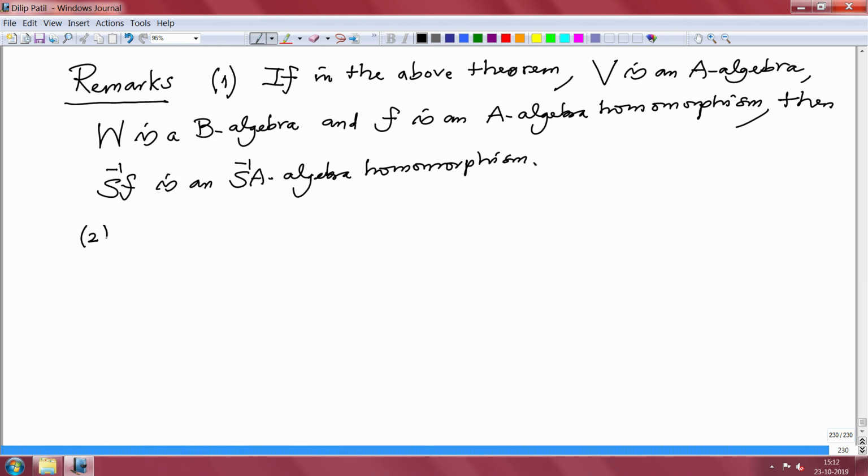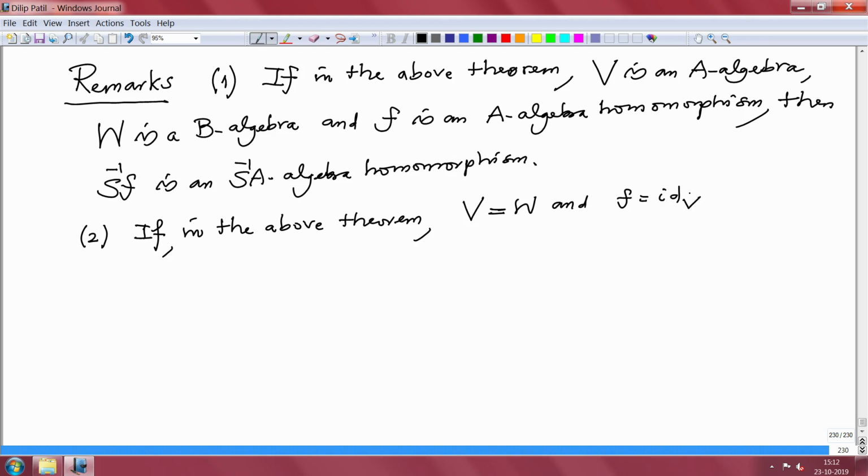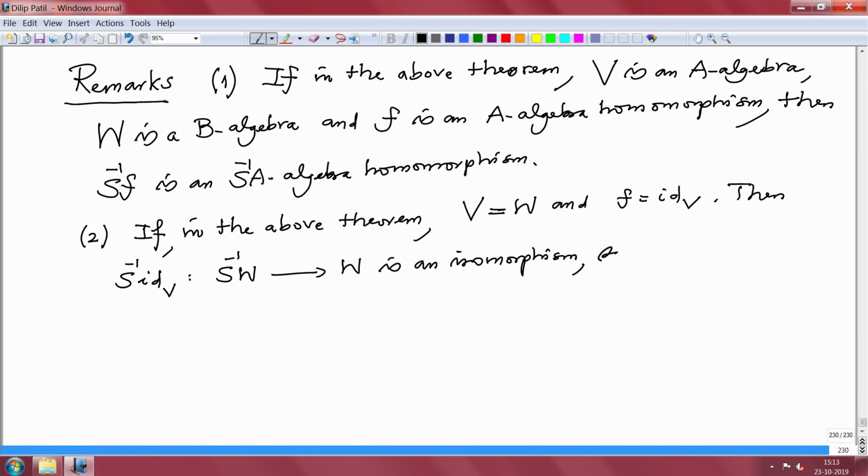That was the first remark. Second one: if in the above theorem V equals W and F equals the identity map on V, then S inverse of the identity on V, this is a map from S inverse W to W, is an isomorphism since iota W S from W to S inverse W is bijective.